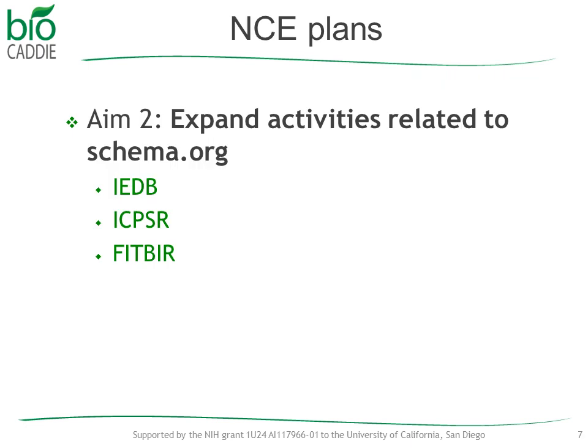So for aim 2, it was to expand the activities that were related to schema.org, and for these, the repositories that we would be using as use cases were the IEDB, ICPSR, and FIDBIR. I know that we have ICPSR exporting data to us.